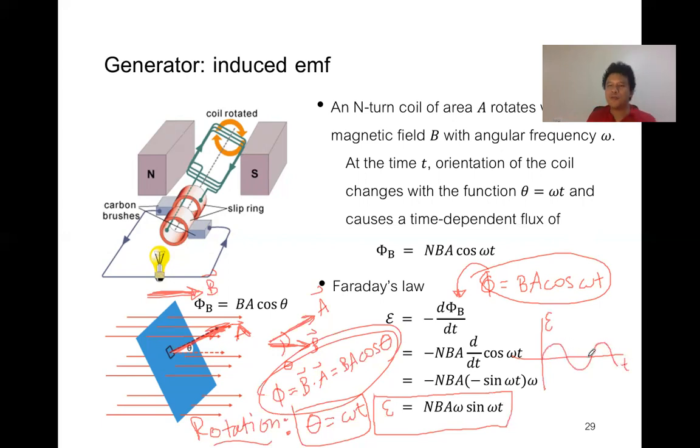So when we have the voltage that goes up and goes down, up and down, this actually becomes the alternating current. Okay, so this is the easiest way to explain how the electric generator is working.